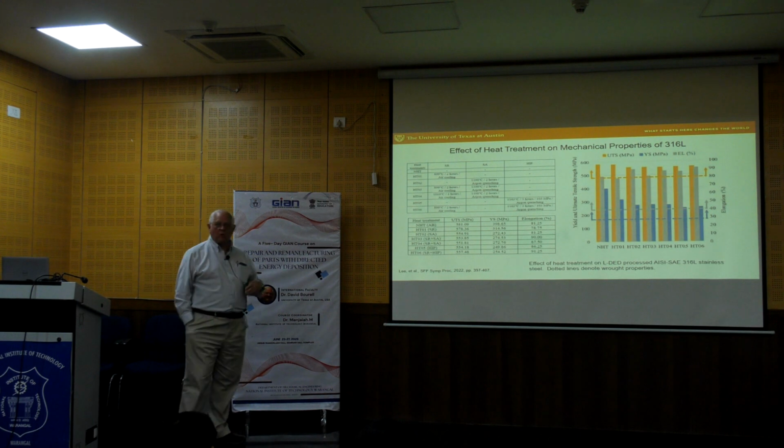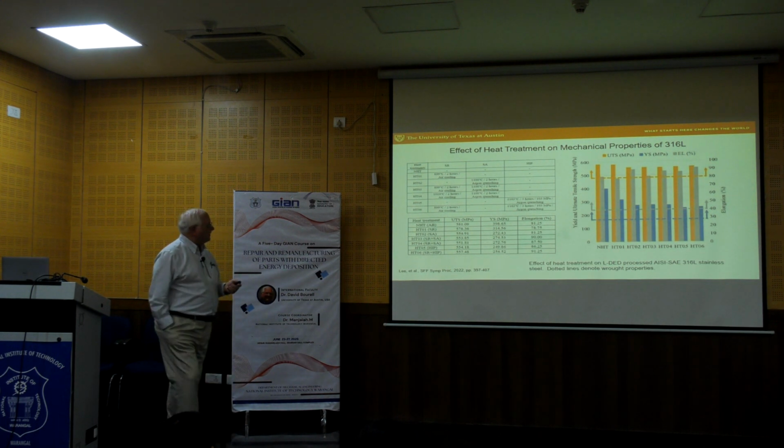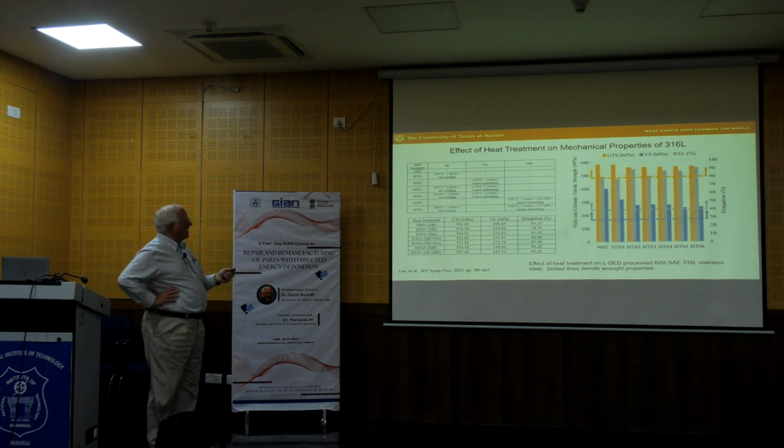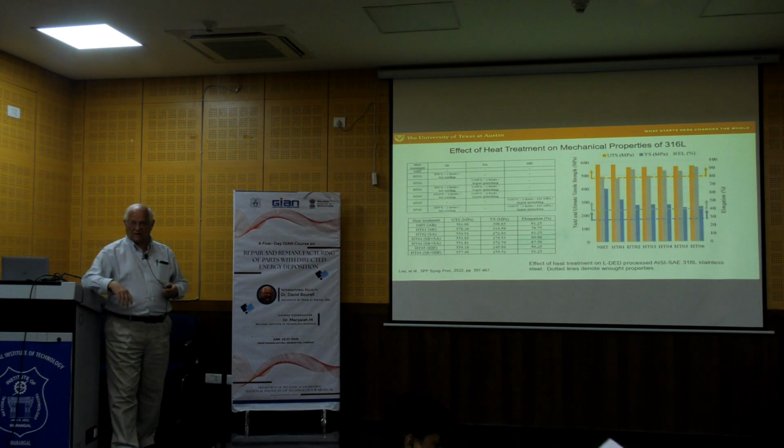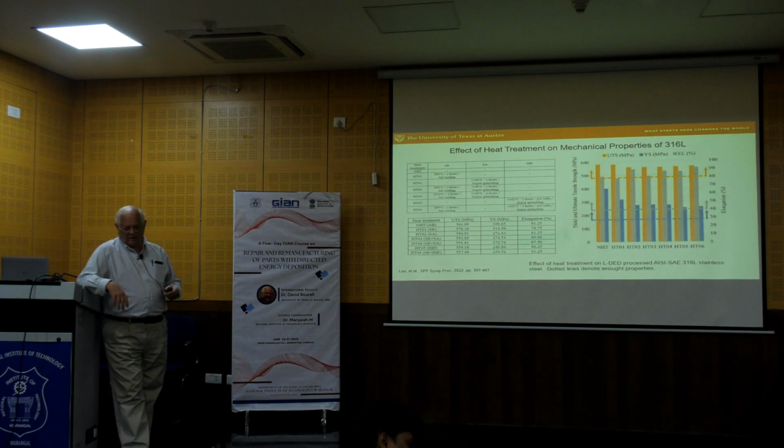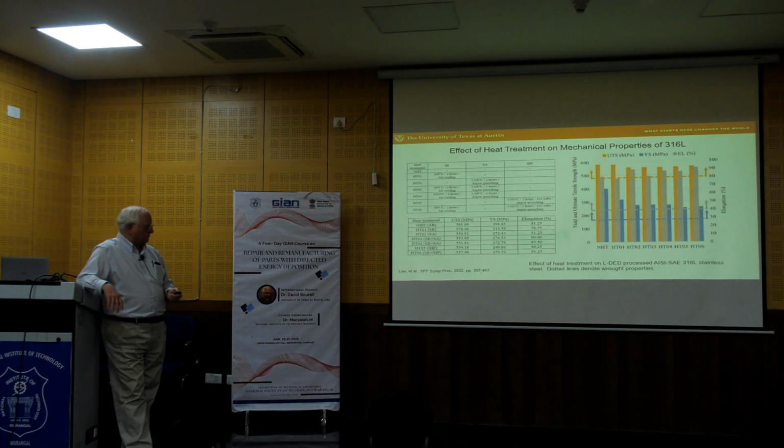I have a few more slides on the mechanicals. This is a fairly complicated slide on the heat treatment properties, the effect on mechanical properties of 316L stainless steel. It's an austenitic stainless steel, which means the iron is in the form of a face-centered cubic structure. And this is, again, laser-based directed energy deposition with a whole variety of states.